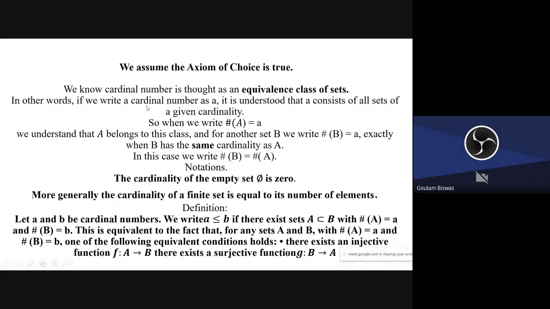In other words, if we write a cardinal number, say 5, 6, 7, 8, it is understood that it consists of all sets of a given cardinality. This point is very important to remember: when we are considering the cardinality of a set, we are not considering just that set.